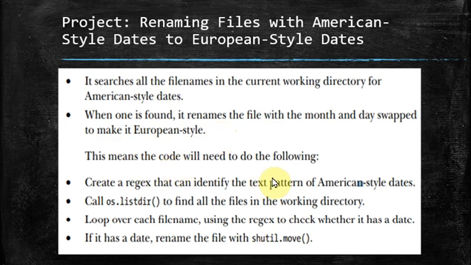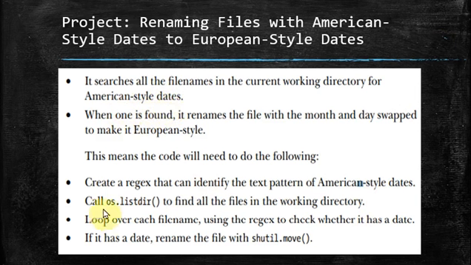This means the code will be doing the following. First, we are going to create a regular expression that can identify the text pattern for American style dates. About regular expressions, we have already seen in the previous sessions. We write a regular expression that matches the American style date, that is month, date and year.